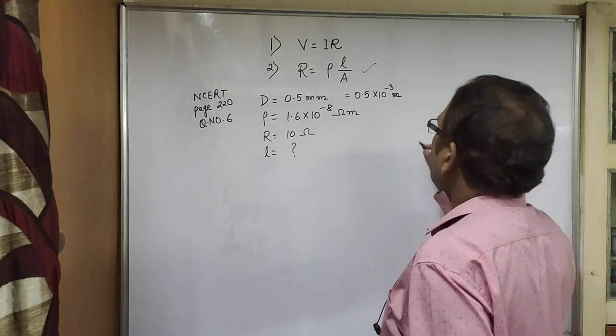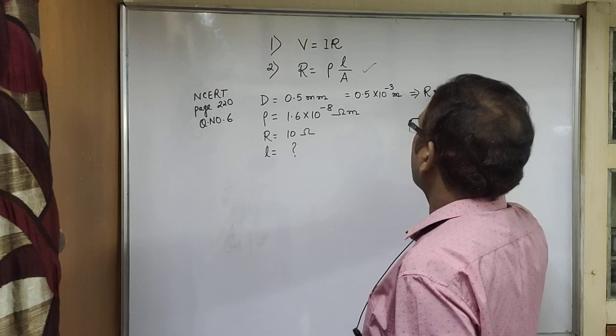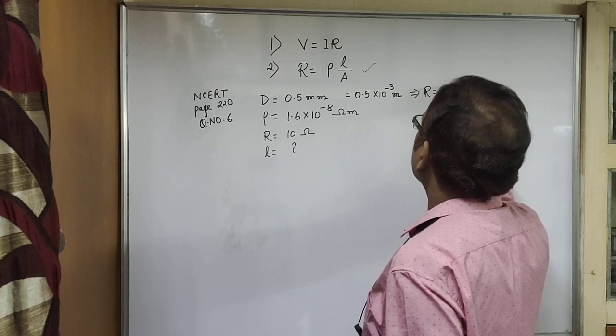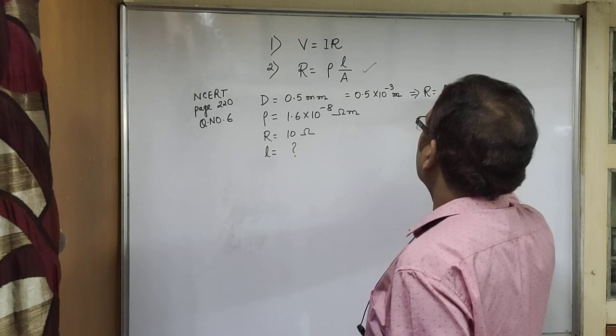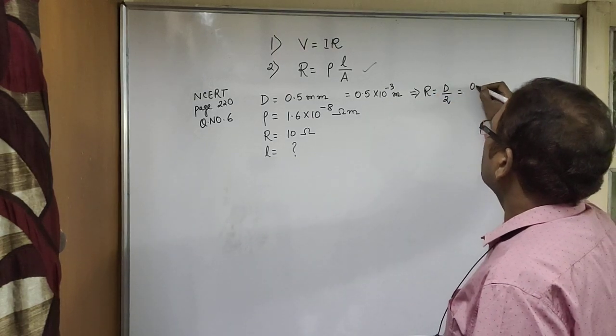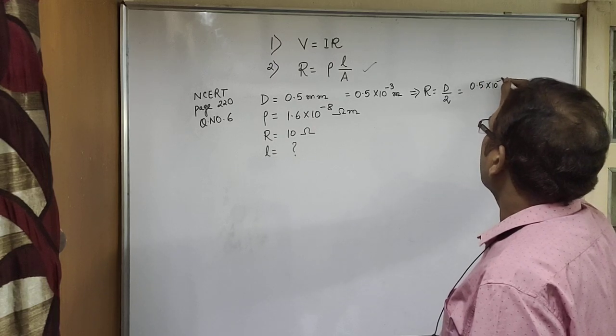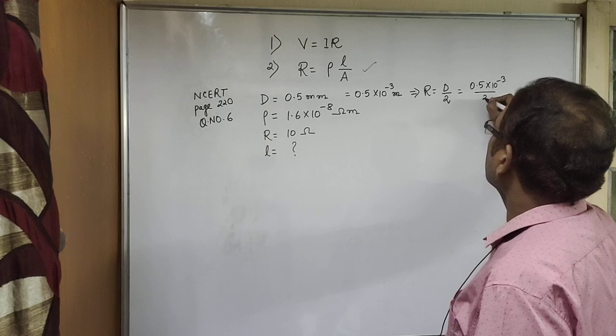Now, what will be the radius? As you know, radius is equal to d by 2, diameter divided by 2. So it will be 0.5 into 10 to the power minus 3 by 2.